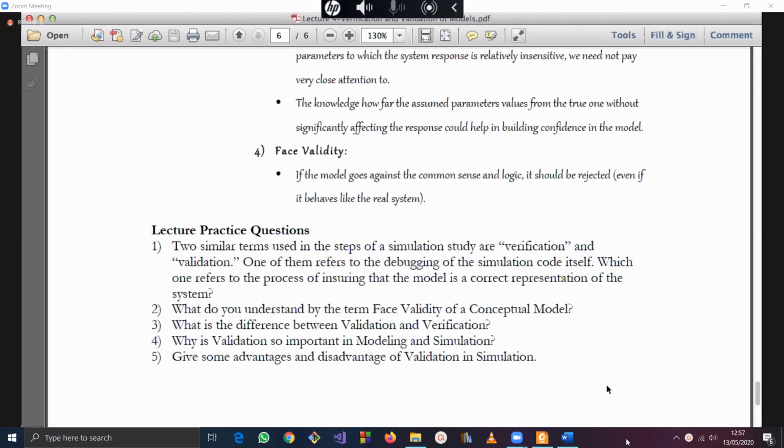In the case of face validity, if they have existing data, they should take that data as their input and pass it through the model, then compare the output from the model with what they already have. If it matches up, then it is fine; if it looks wrong, they revisit the model.